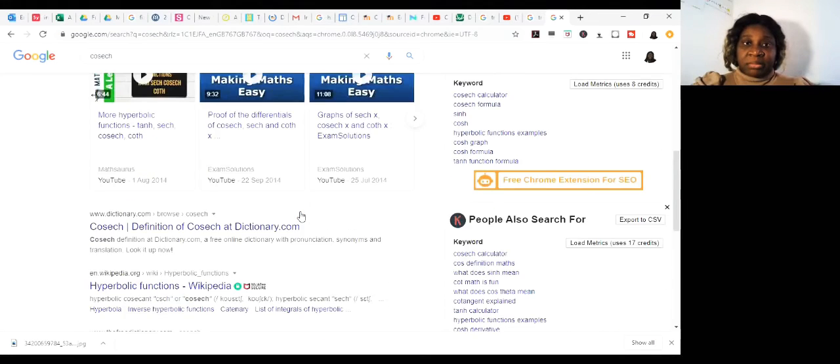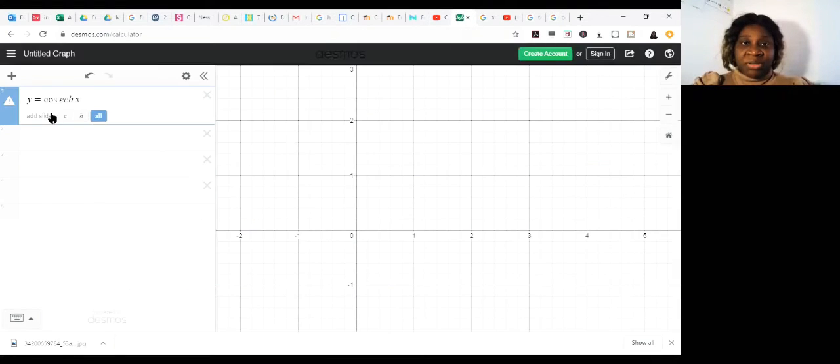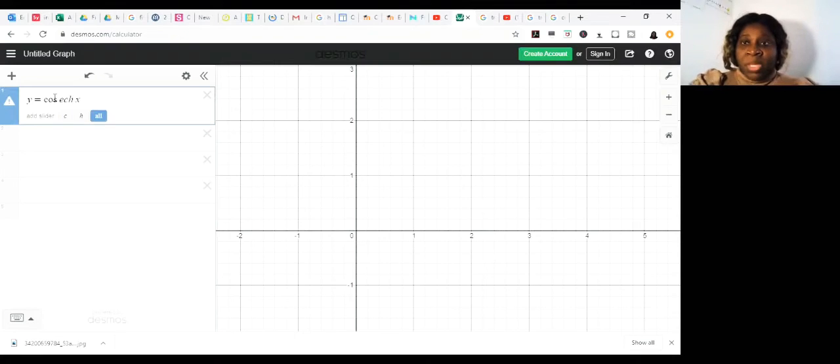Cosec. Let's take off the E and see whether it's going to recognize it. Nope.